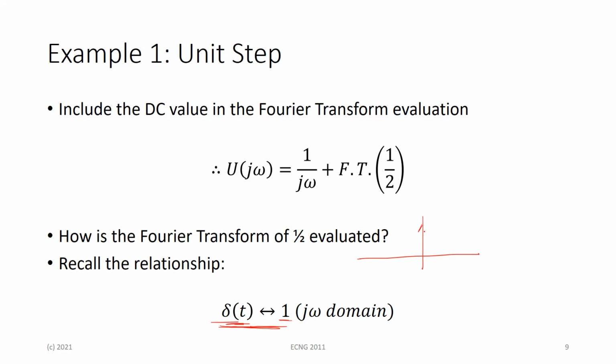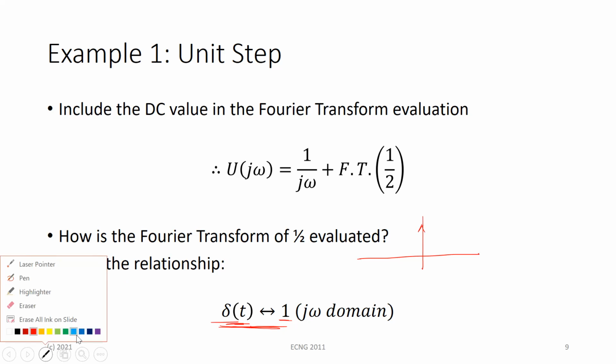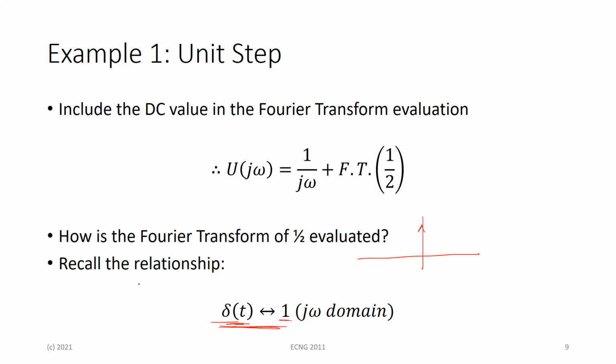So the Fourier transform of an impulse is this uniform signal that goes for all frequencies.